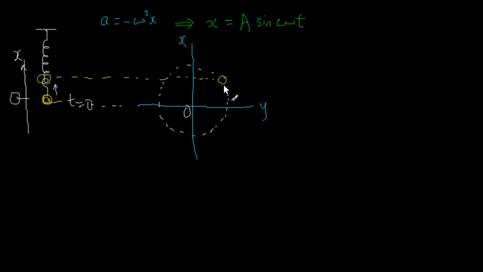Now, is it possible that the x value of this ball, the vertical displacement of this ball, is always the same as this? In other words, the height of the two balls go up and down together, and they always have the same x.